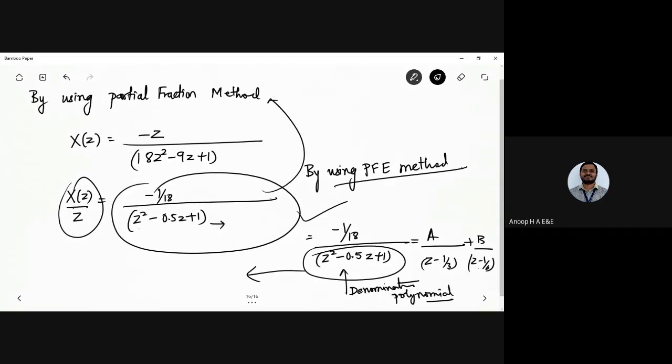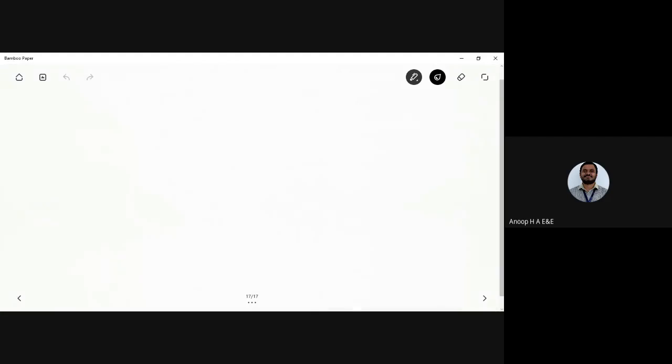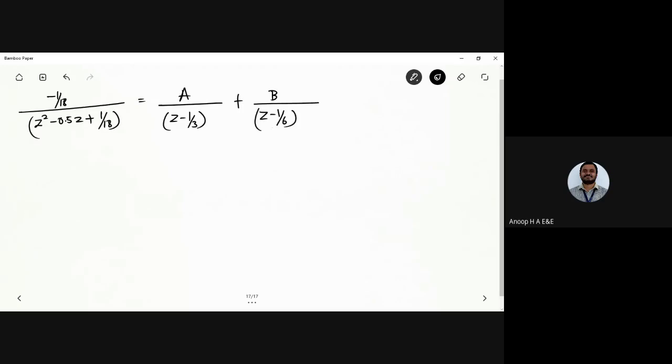It is minus 1 by 18 divided by z squared minus 0.5 z plus 1, that is A divided by z minus 1 by 3 plus B divided by z minus 1 by 6. So I have this polynomial, I can write it as minus 1 by 18 equal to A times z minus 1 by 6 plus B times z minus 1 by 3.